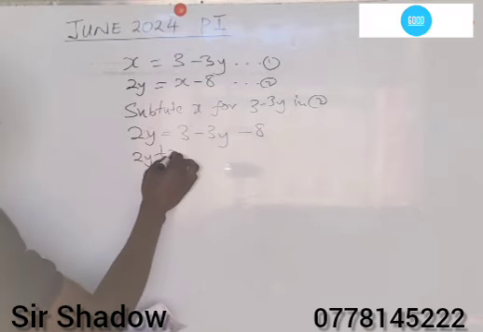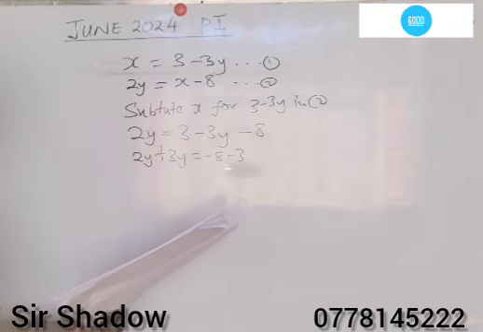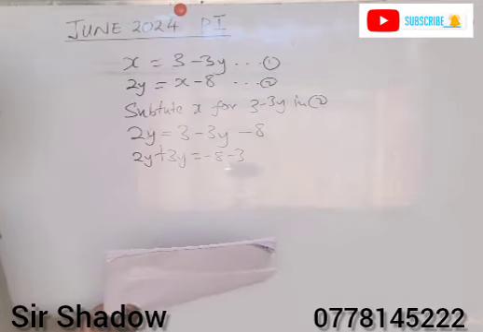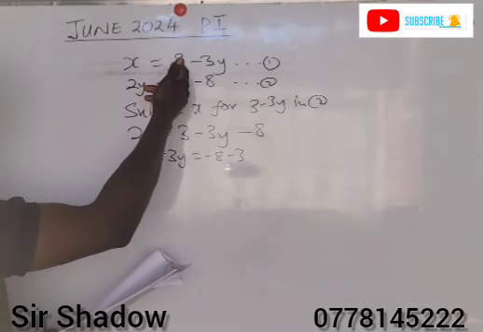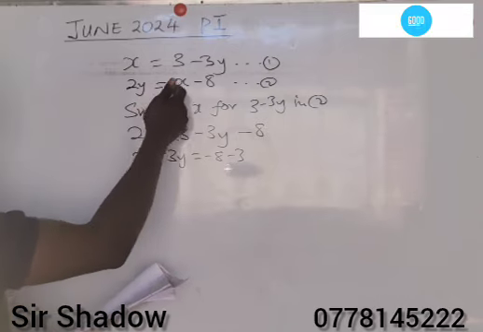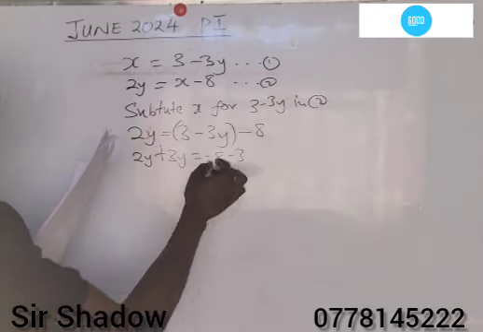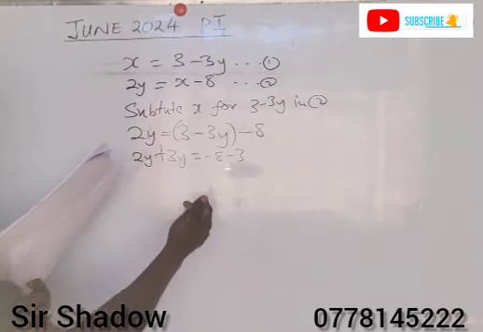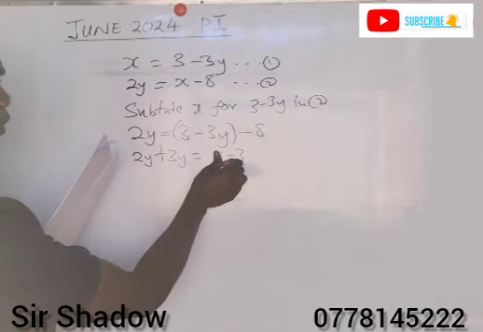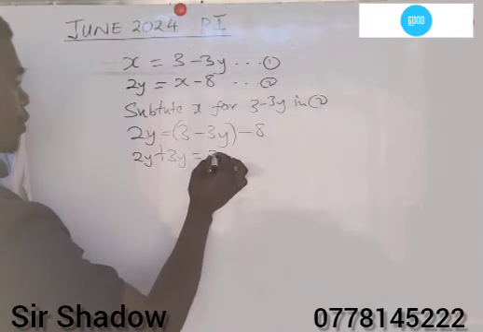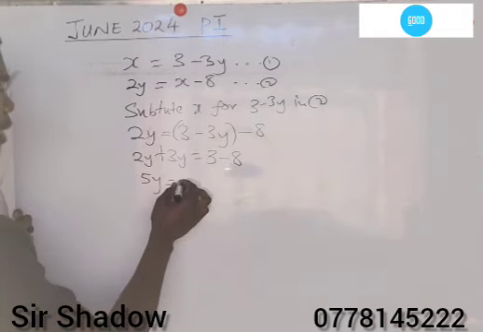So 2y plus 3y is equal to minus 8 minus 3... Since the 3 is already there, we say 3 minus 8, so 5y is equal to 3 minus 8, which becomes minus 5.